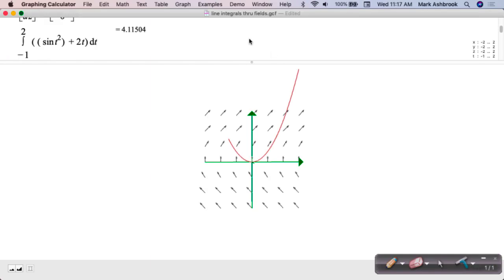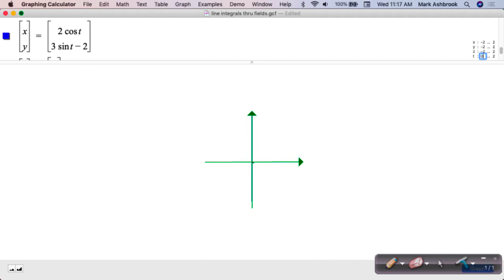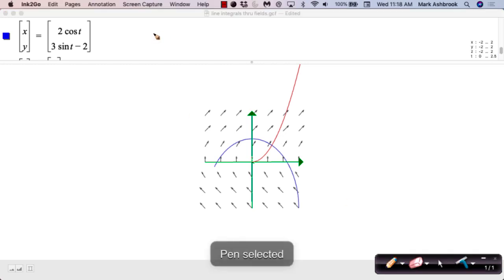So same field, but I want to do this one, from 0 to 2.5, I think. Yeah. So now I've got the same field, sine.